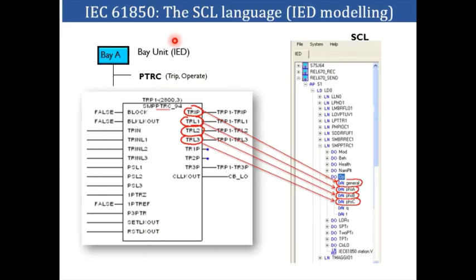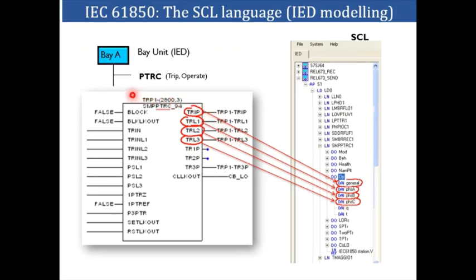Now how do we do the configuration in IEC 61850? We will first extract the information from a particular device which we want to configure, and then the various data points will be mapped in SCL, which will correspond to a particular object in the SCL.